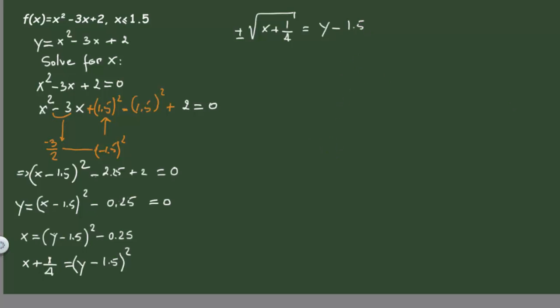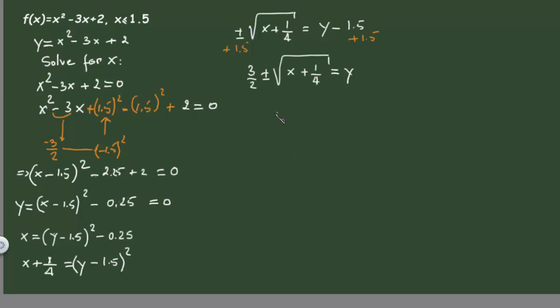And now we can add 1.5 on both sides. This gives us 1.5 plus minus the square root of x plus 1/4 equals y.